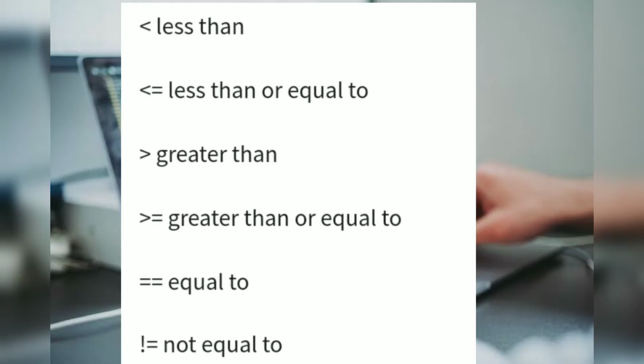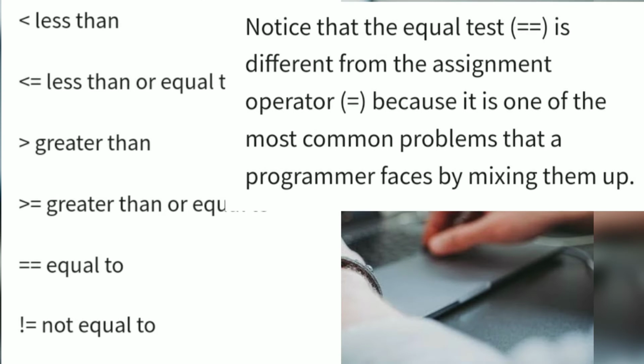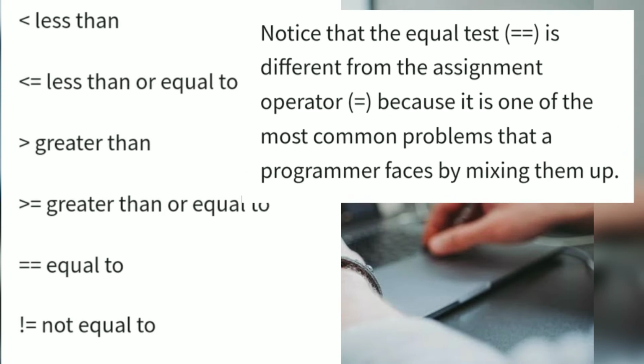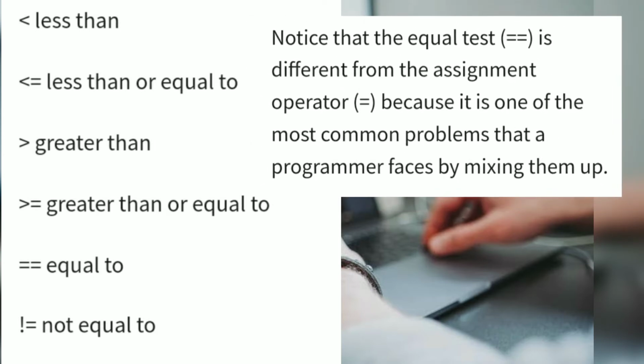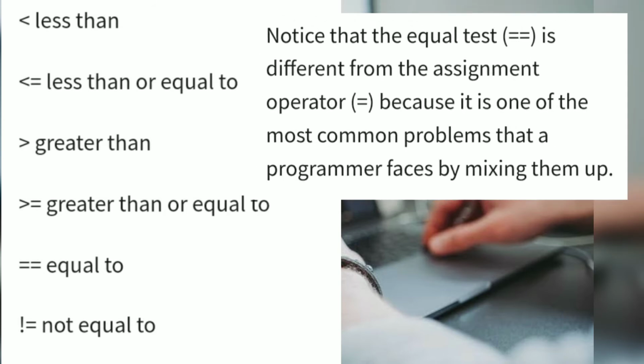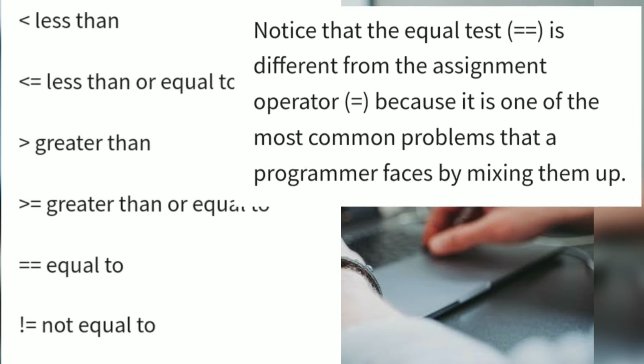Number 1, less than; number 2, less than or equal to; number 3, greater than; number 4, greater than or equal to; number 5, equal to; and number 6, not equal to. Remember that the equal test is different from the assignment operator, because it is one of the most common problems that a programmer faces by mixing them up.